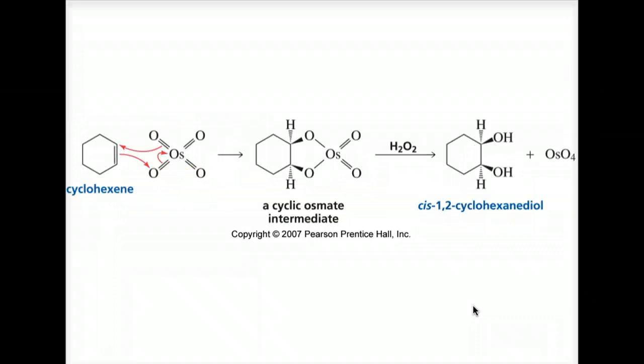Okay, let's look at the next slide. Here is the mechanism for cis-glycol formation with osmium tetroxide. Cyclohexene forms a 5-membered cyclic intermediate with osmium ion. It is hydrolyzed to cis-1,2-cyclohexane diol. When the cyclic osmate intermediate is hydrolyzed with hydrogen peroxide, H2O2, the osmium reagent is reoxidized back to osmium tetroxide.